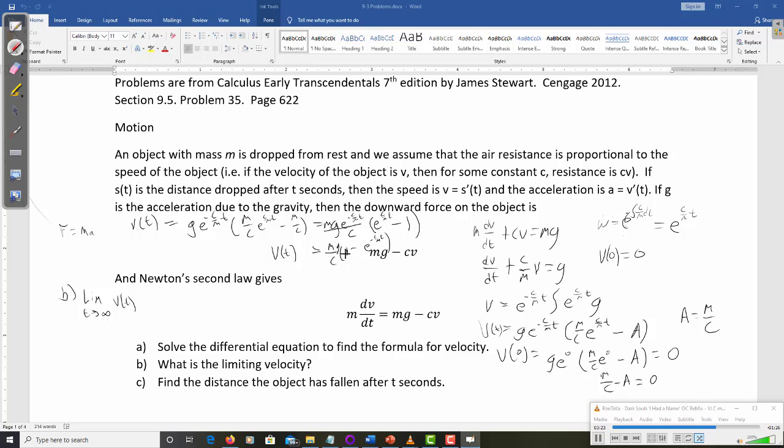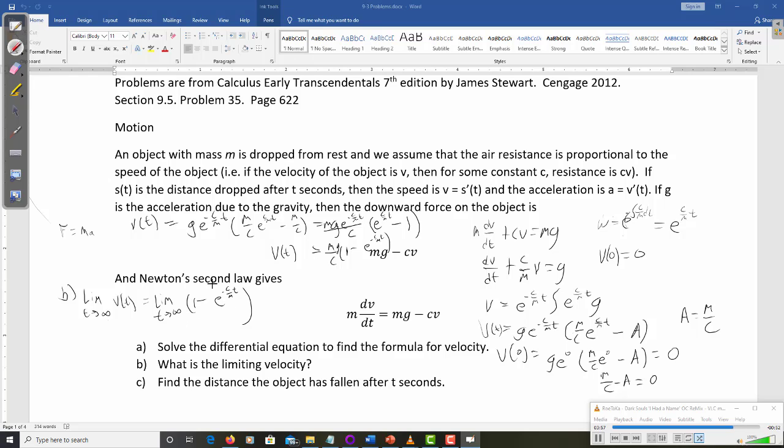The constant isn't going to be affected. What's going to happen to this? The limit as t goes to infinity of 1 minus e to the negative c over m t. This is a negative exponent because both c and m are positive numbers. m, remember, is a mass, and c is some positive constant.